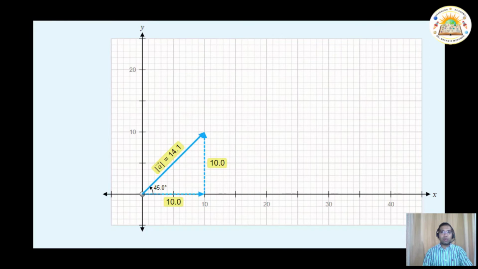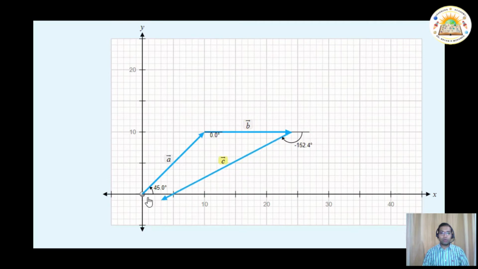Now let us look at addition of vectors that we've already done. So for this, let us look at A vector and B vector. Now if I'm keeping A and B vector in, let's say, the same order, what was our triangular law of vector addition? It said that if A vector and B vector are in the same order, then the resultant has to be in the opposite order.